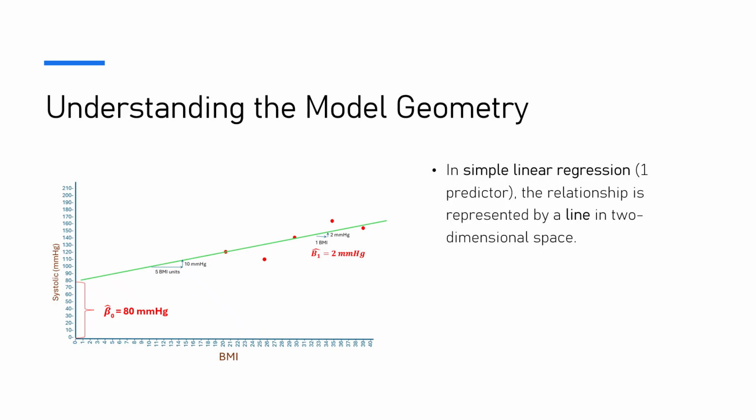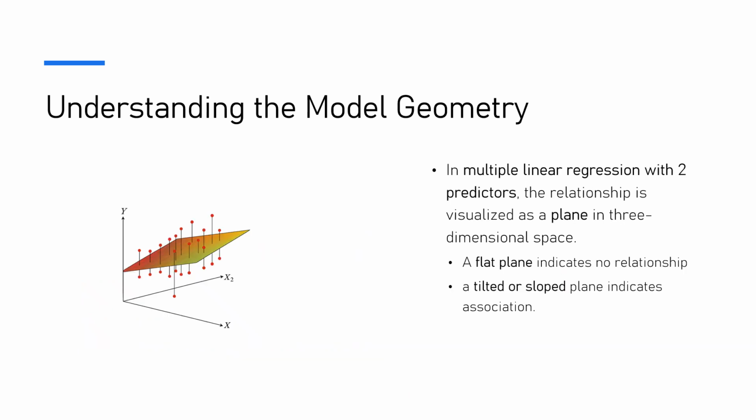When we were conducting simple linear regression, the relationship was represented by a line in two-dimensional space. In multiple linear regression with two predictors, the relationship is visualized as a plane in three-dimensional space, as you see on your screen.